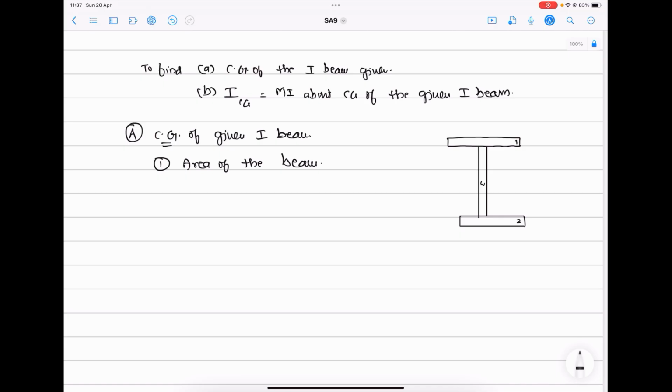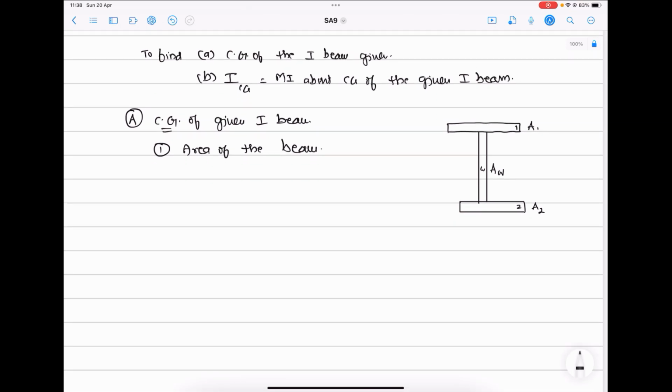This is the area of flange 1, area of flange 2 and area of the web. Then what will be the total area of the I-beam? I-beam total area is equal to sigma Ai, that is the total of all the members' areas: A1 plus A2 plus AW.